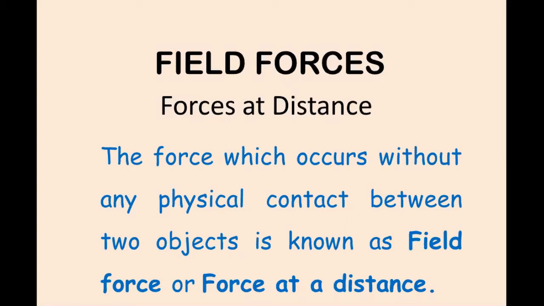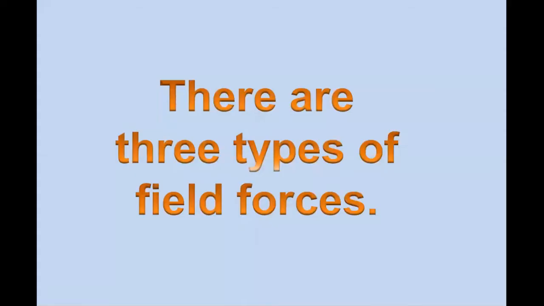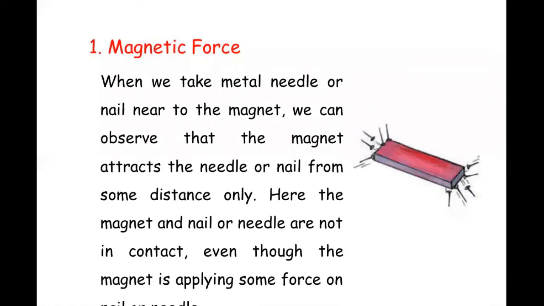Let us see. We have three types of field forces. The first one is magnetic force. When you take a metal needle or a nail and take it near the magnet, what happens? We can observe that the magnet attracts the needle or nail from some distance only.